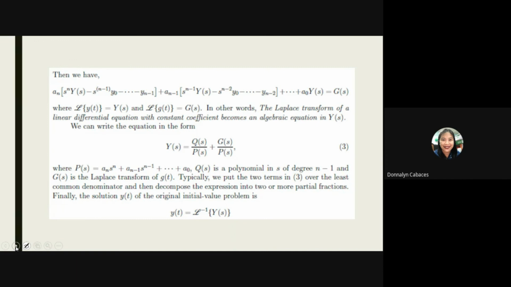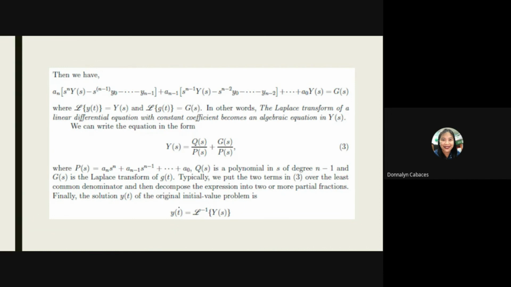So you will see that procedure in the next examples that I will solve for this topic, initial value problems. Okay, so let us continue for us to see what this Y of s, Q of s, G of s, P of s are, and what this y of t is, which is the solution of our initial value problem.